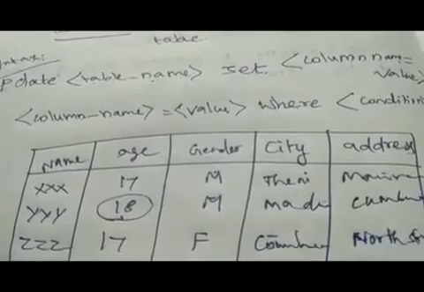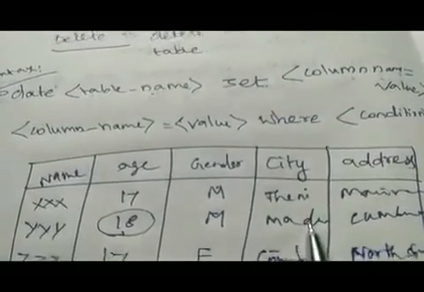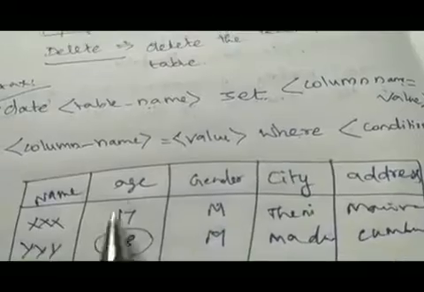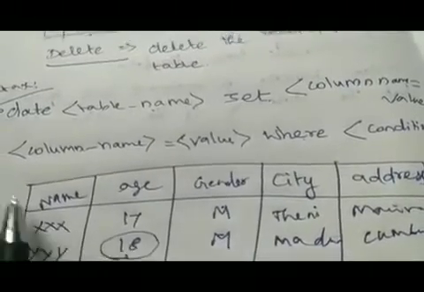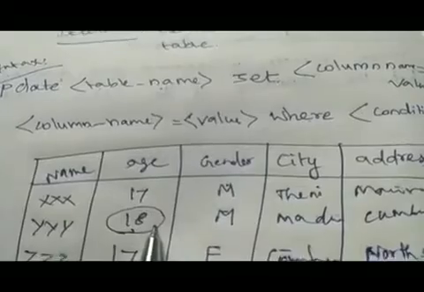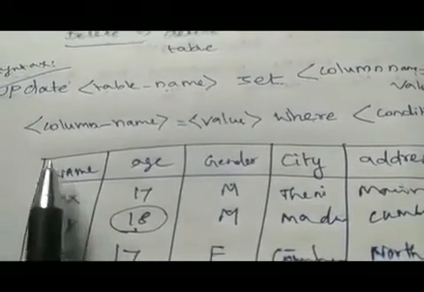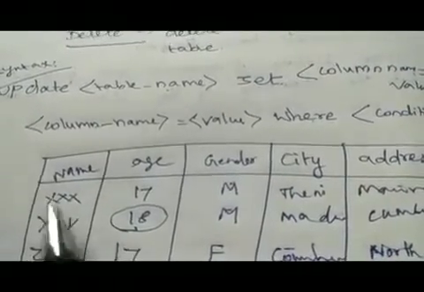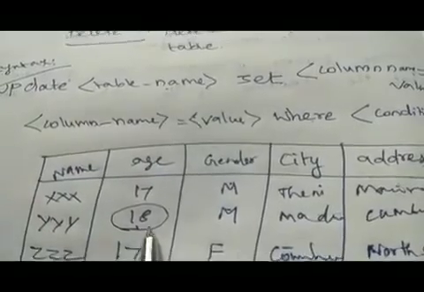How can we specify? The record which has the city name Madurai, change the age into 18. Or the record which has the name YYY, you can change the age into 18. So here we need some other condition. By specifying the other column value, we can change the particular column. So that is what we are going to do here.